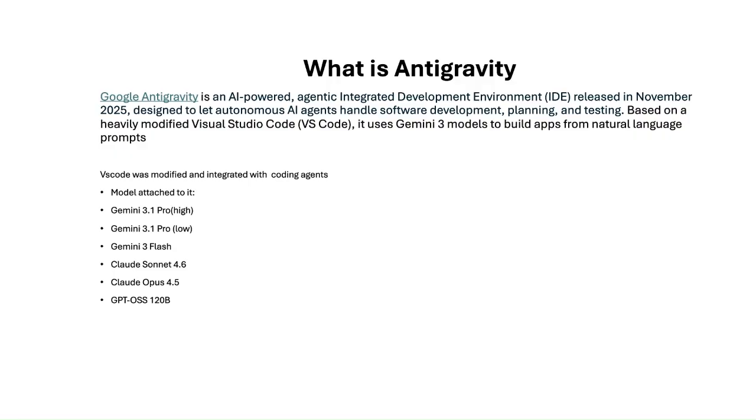So it has almost 7 models attached to it, which you can make use of free as long as you still have credit on them. And this IDE makes use of Gemini 3 model to build applications. All you need to do is give it the required prompt, and it reviews it. And once it understands the application you want to develop, it continues and develops it for you.